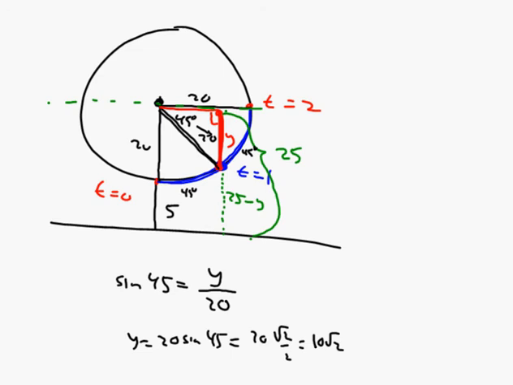So now you know what y is, which means that the distance we really want, this green distance, is going to be 25 minus 10 square root 2. Let's estimate that. This comes back around 10.9.